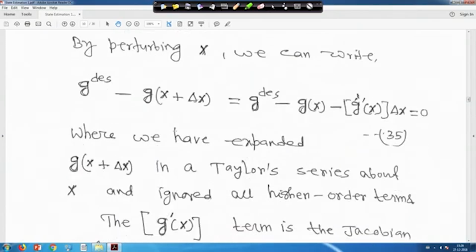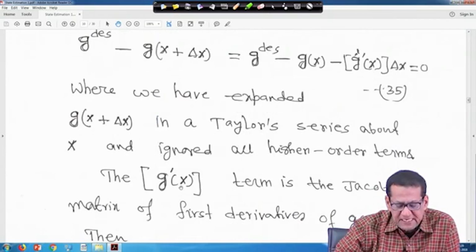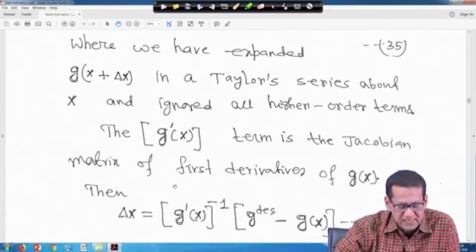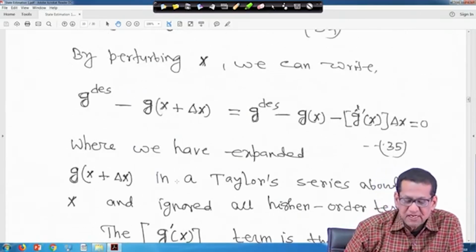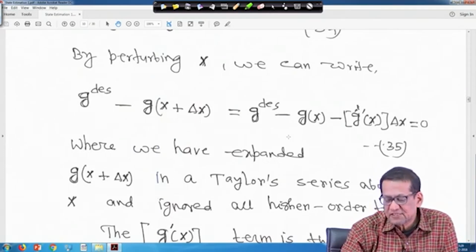Here we have expanded g(x plus delta x) in a Taylor series about x and ignored all higher order terms. The g dash(x) term is the Jacobian matrix of first derivatives of g(x). Then this equation, g desired minus g(x) minus g dash(x) delta x, is equal to 0.